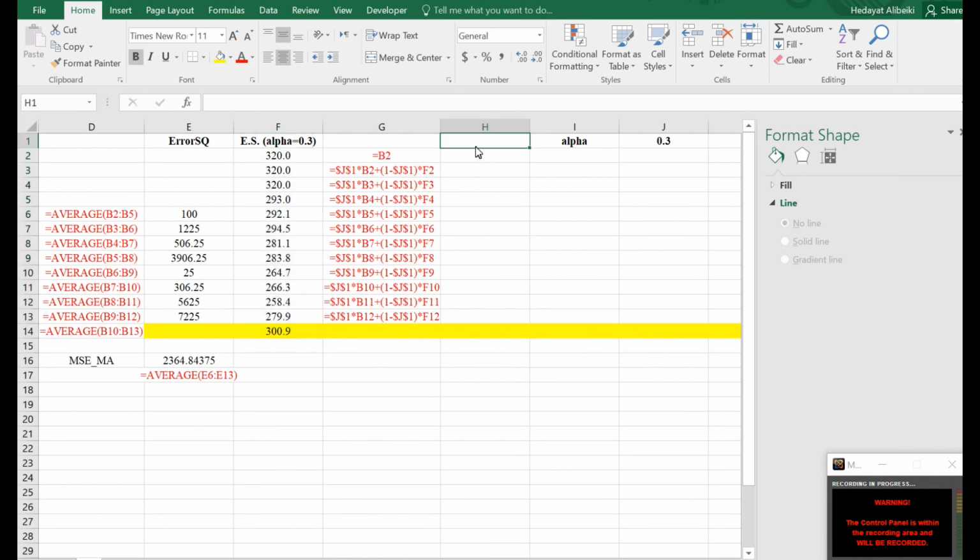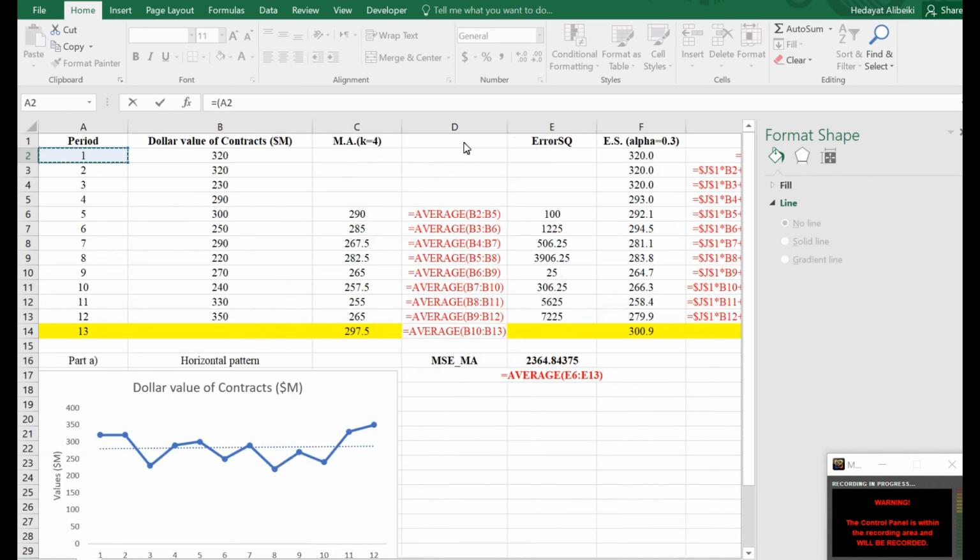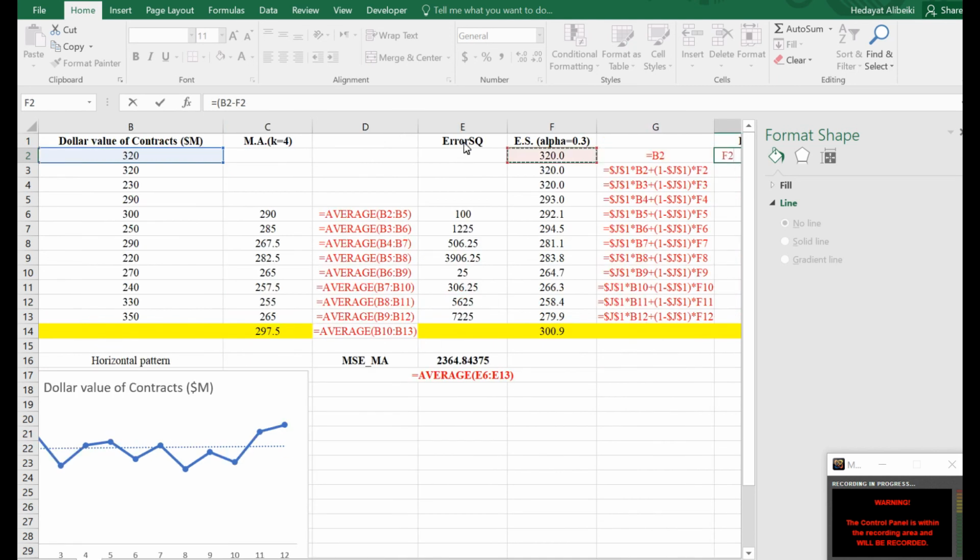So now I need to do exactly the same thing. We want to calculate MSE, this time for exponential smoothing. Again, I need to calculate error squared, and it would be equal to parenthesis, actual number minus exponential smoothing forecast, squared.